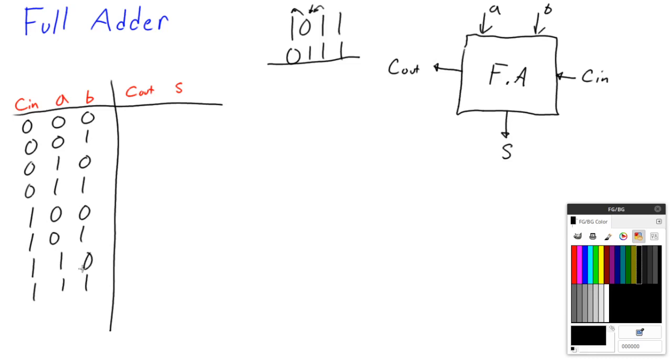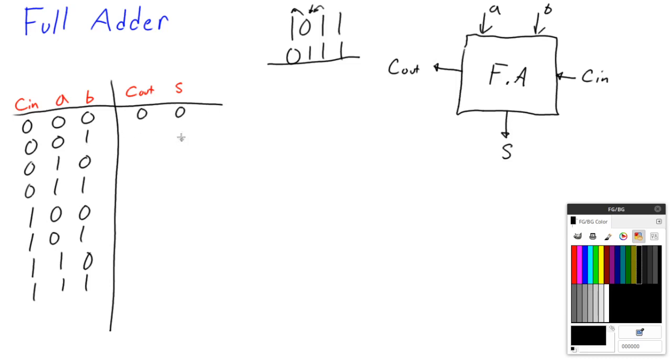Now, what we need to do is look at all the combinations and see what our results are. Here we've got a bunch of zeros added together, so the result should just be a bunch of zeros. 1 plus a bunch of zeros is just a 1.